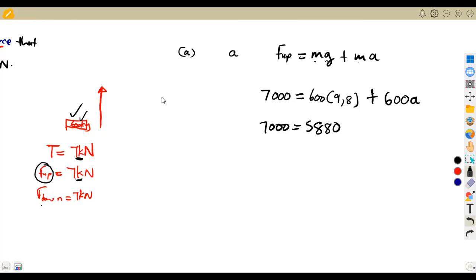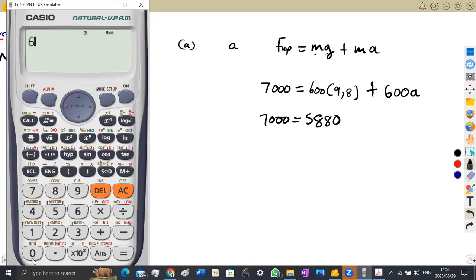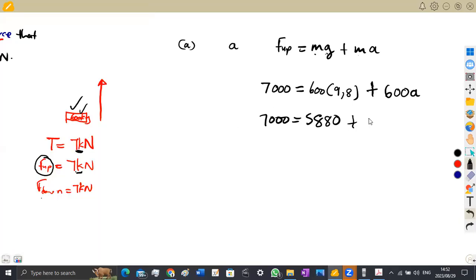All right, let us just see on our calculator also so that we can verify if we are having the same thing. So this is supposed to be 5,880, which is 600 times 9,8. So this plus 600a.